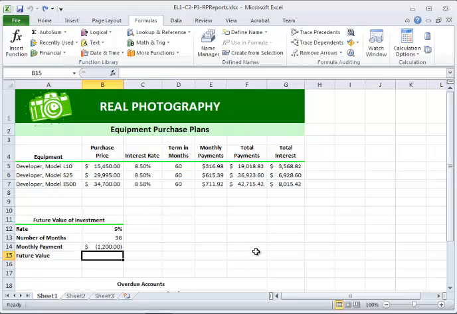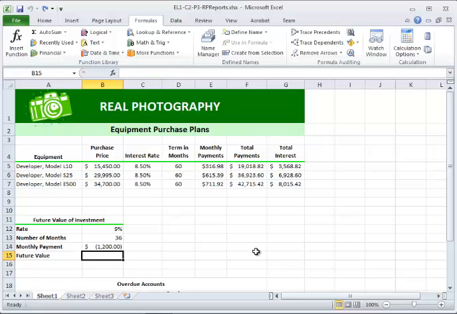Then you will get your deposits combined with the interest, a certain amount of money, and that's what the future value function will calculate for you.